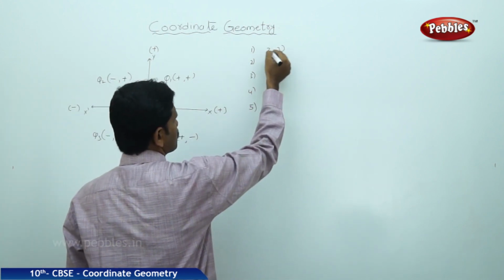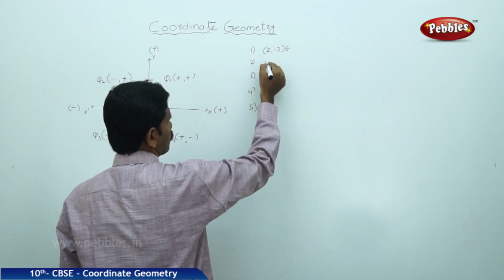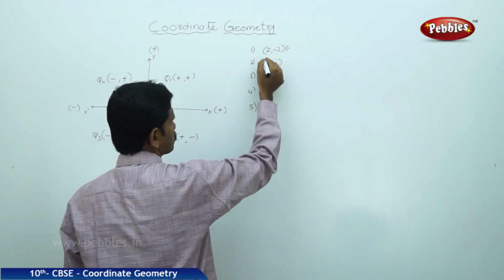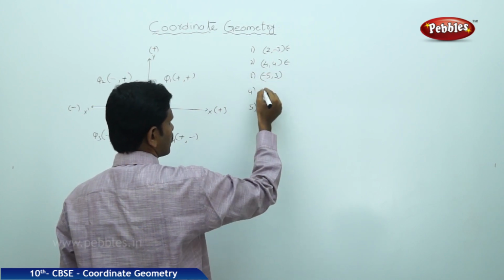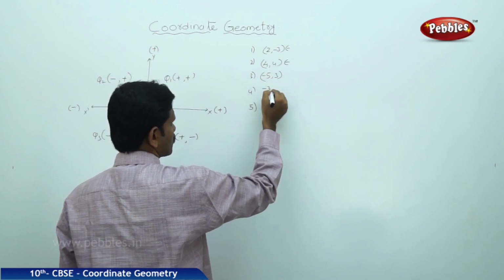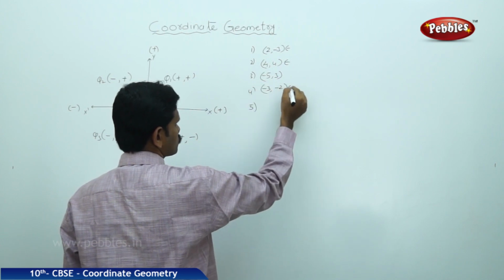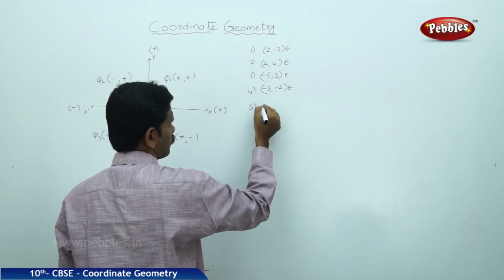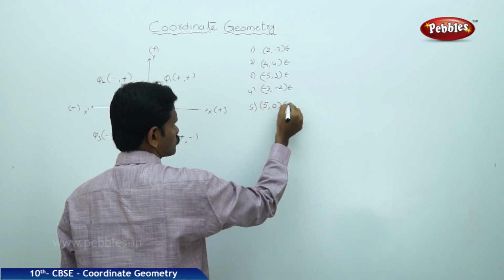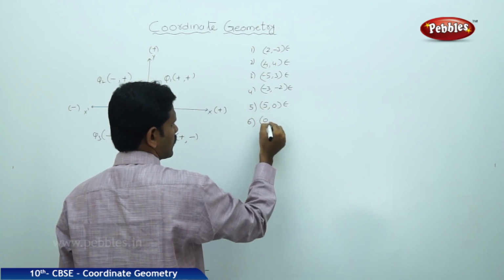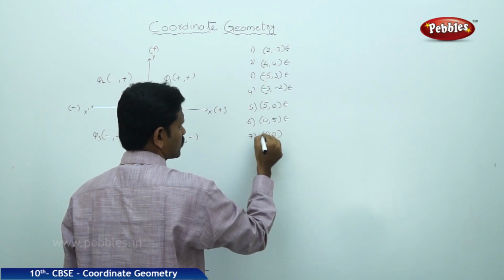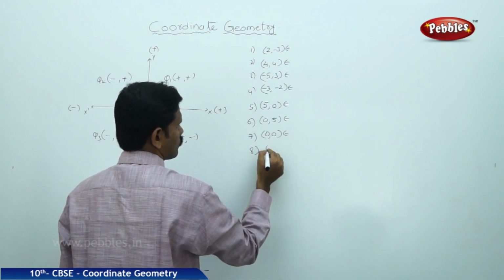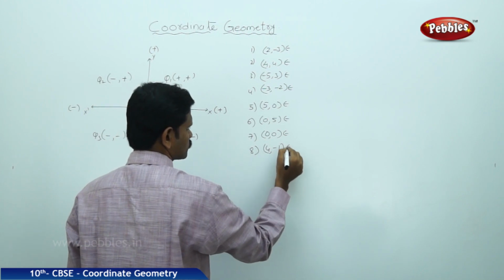Which quadrant does each belong to: 2 comma minus 3, 4 comma 4, minus 5 comma 3, minus 3 comma minus 2, 5 comma 0, 0 comma 5, 0 comma 0, and 4 comma minus 1.